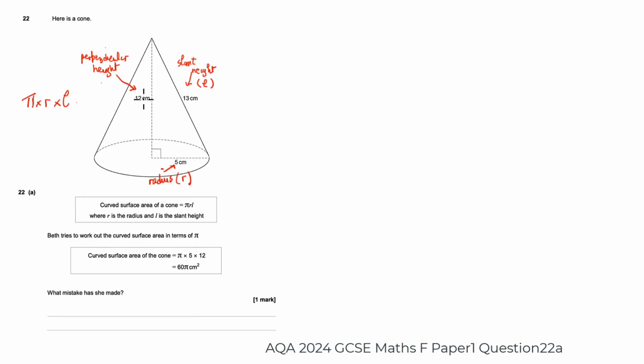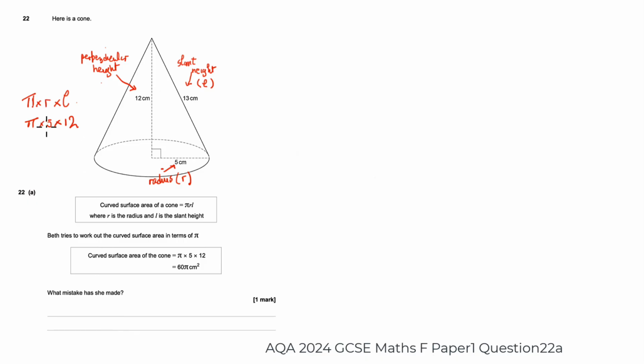That, remember, we said was the perpendicular height. And Beth's trying to work out the curved surface area in terms of pi. So here's her working. She's got pi times 5 times 12. She's used pi times 5 times 12. And she gets 60 pi. 5 times 12 is 60. So she's got the right answer from using these numbers. What mistake has she made?